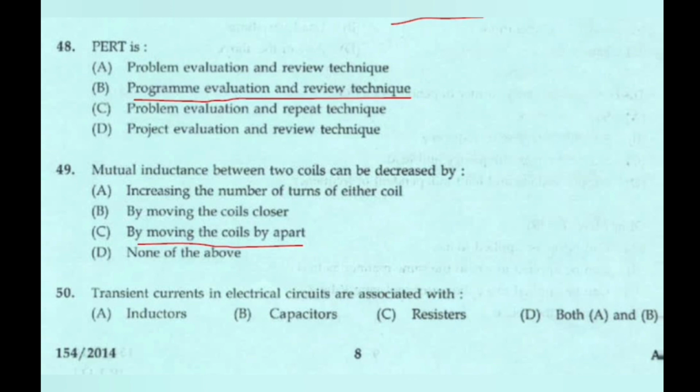Question number 50. Transient currents in electrical circuits are associated with. Answer is option D, both A and B. That is, both inductors and capacitors.